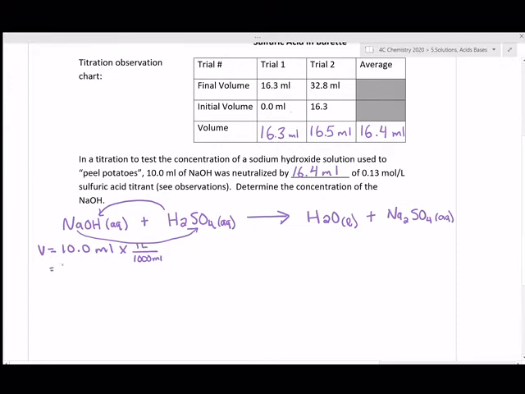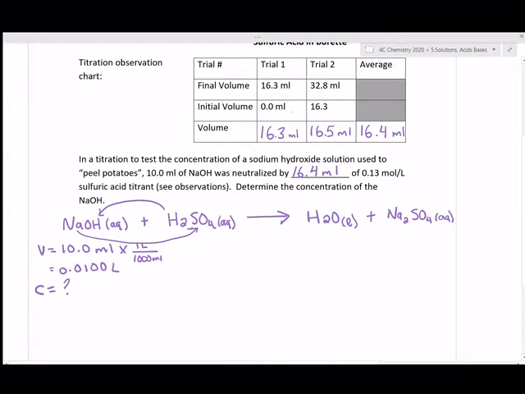So 10 divided by 1,000 is 0.0100 liters, if I keep all my significant digits. Now, this is what we're interested in the concentration of. Determine the concentration of sodium hydroxide. So there's our question right there.